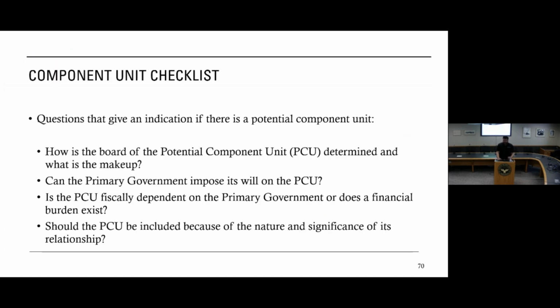Some other areas in that checklist, just to conclude: we went over the makeup of the board to answer, can that primary government impose its will? Is the potential component unit fiscally dependent on that primary government? Those two questions will really drive more of a blended component unit conclusion. And lastly, all of you guys today are very important because you have a key role in this checklist.